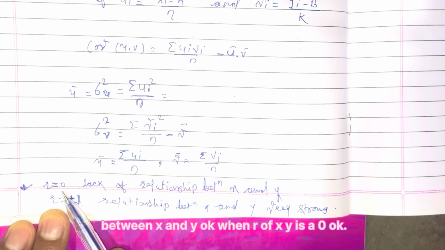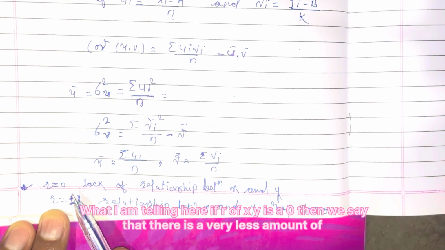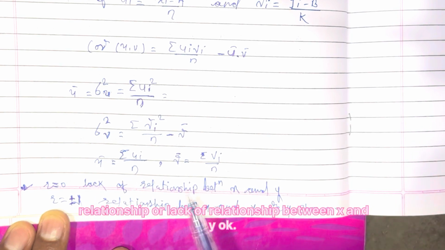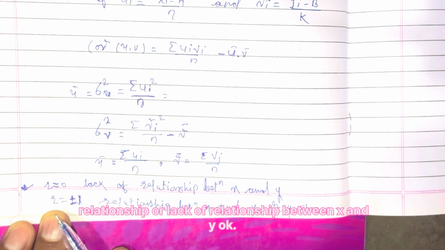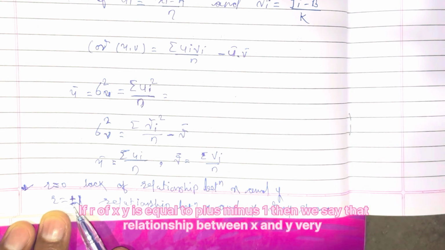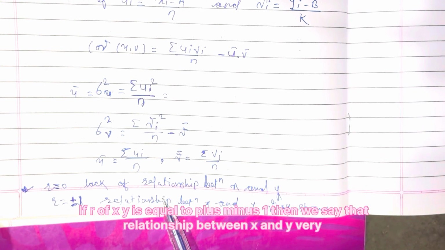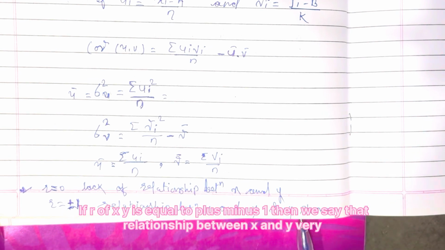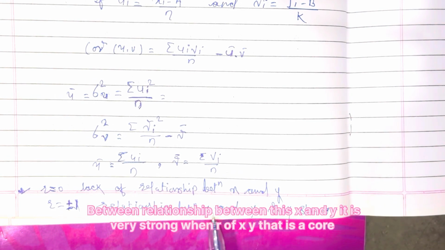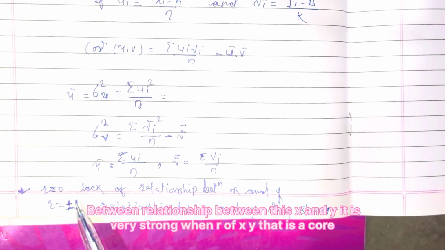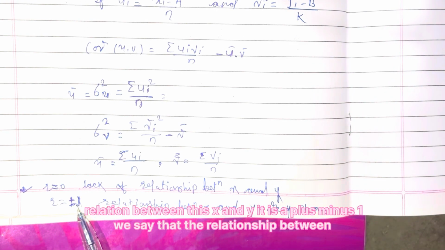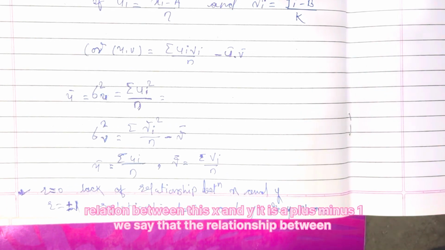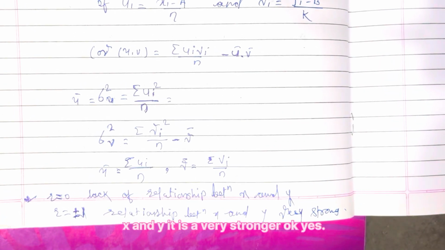If r of xy is equal to plus or minus 1, then we say the relationship between x and y is very strong. When the correlation between x and y is plus or minus 1, the relationship is very strong.